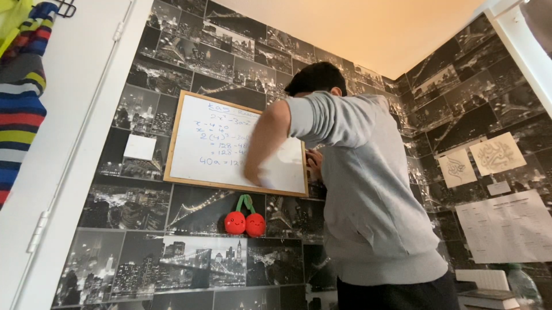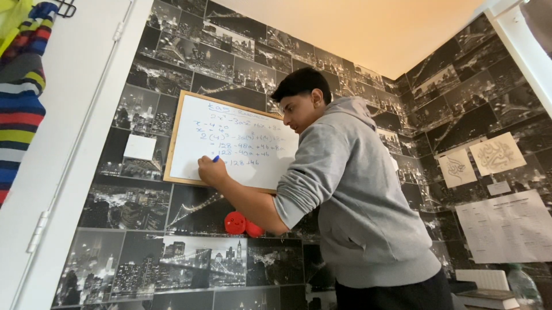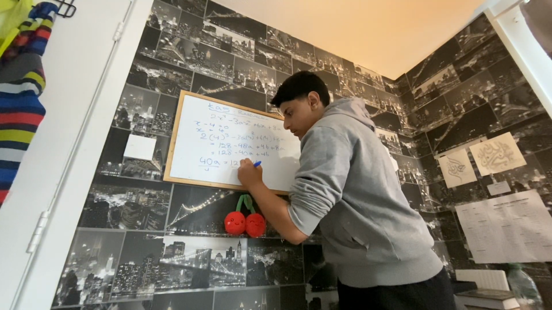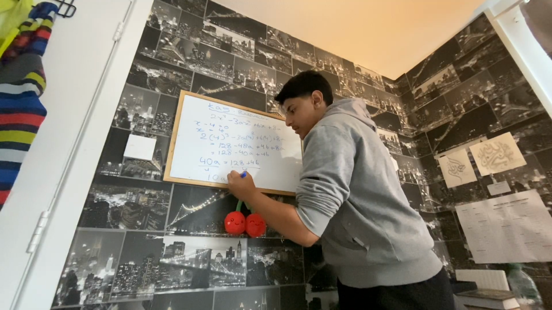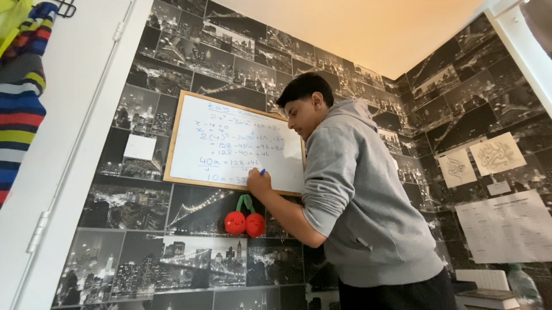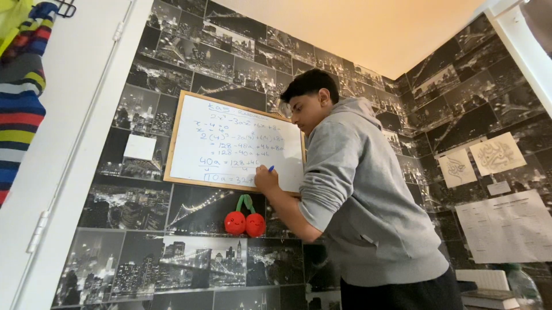If we divide each side by 4, we're left with 10a is equal to 32 plus b. There we go.